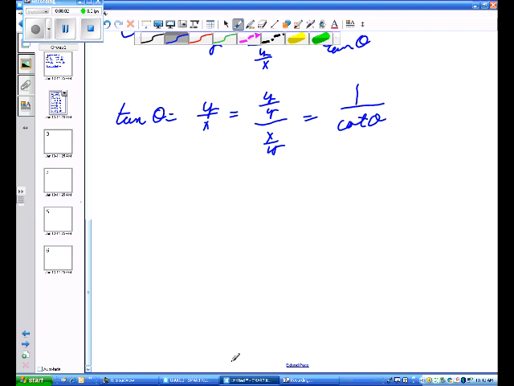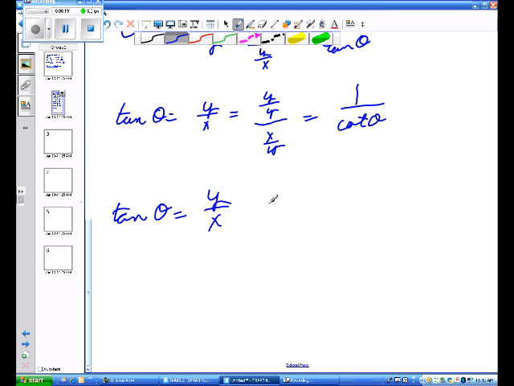Okay, let's start with the tangent. And we're going to develop this one a little differently. It's going to come up with a different identity. But we know that the tangent of theta is equal to y over x.